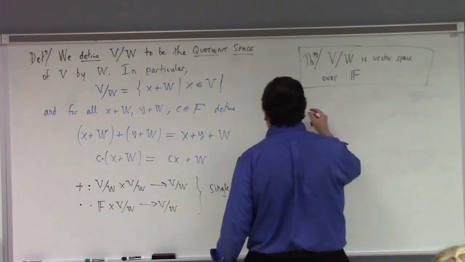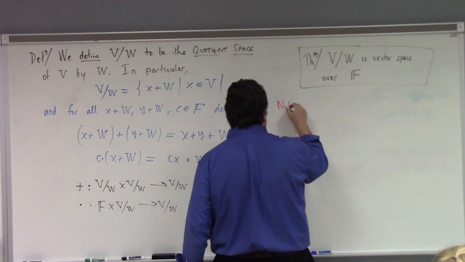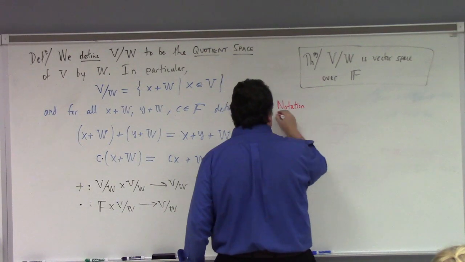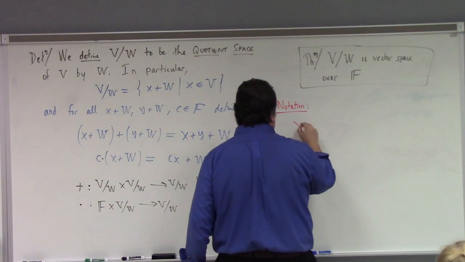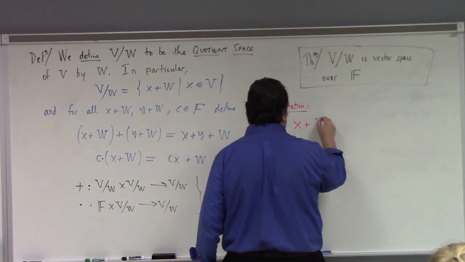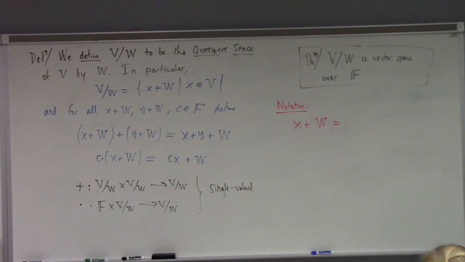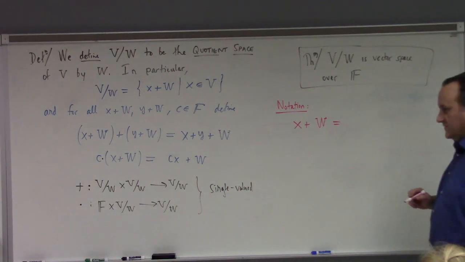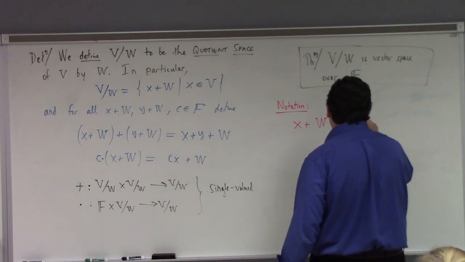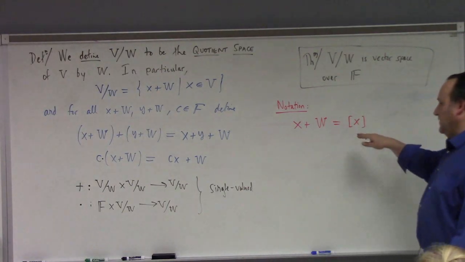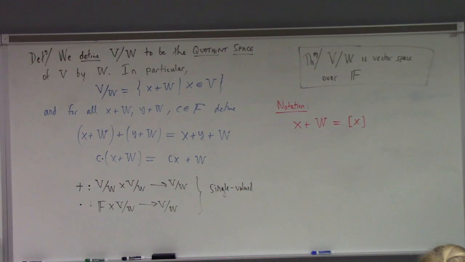But look, there's notation that we should introduce. Notation. Instead of doing x plus w, we could also do this. Bracket x. So this would be the coset represented by x.